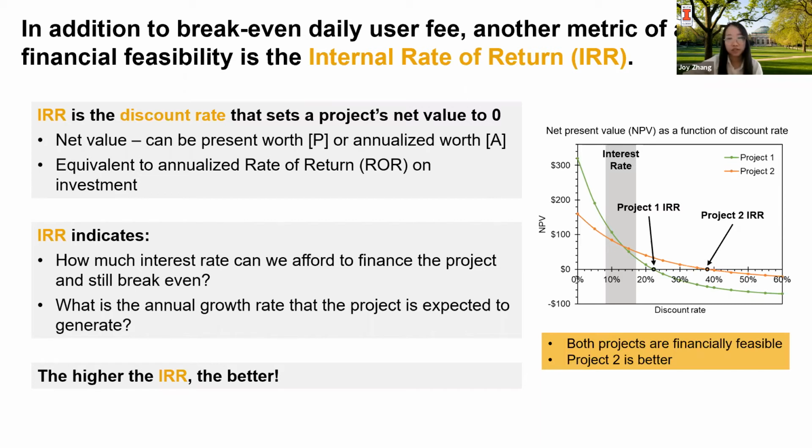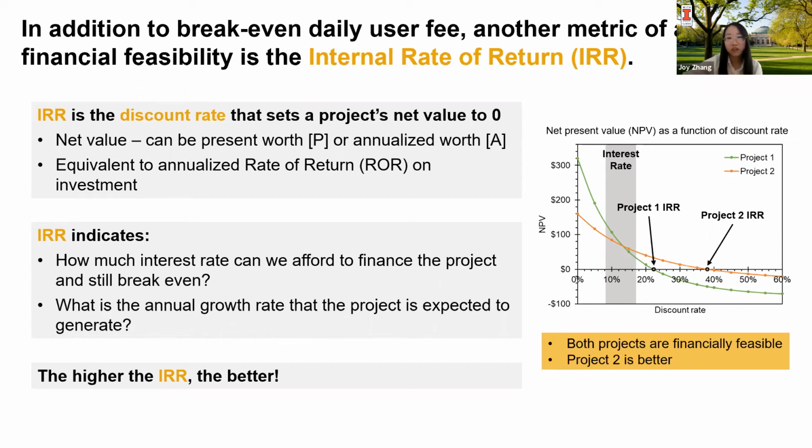And we can also see it as the amount of interest rate we can afford to finance the project and still break even. That means that when we estimate a higher IRR, the project is more profitable. So if we look at the graph, project 1 has a lower IRR than project 2, which means that project 2 is more profitable than project 1.